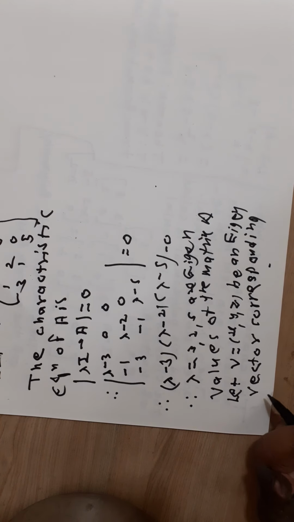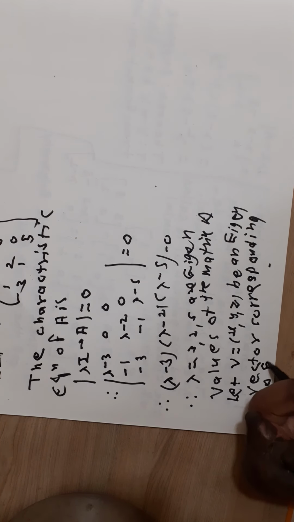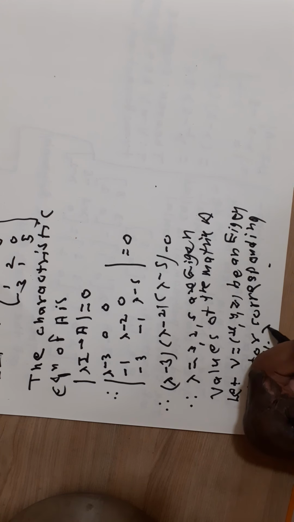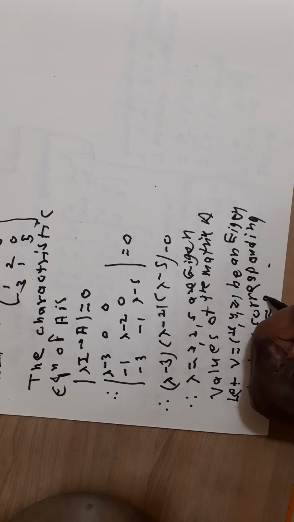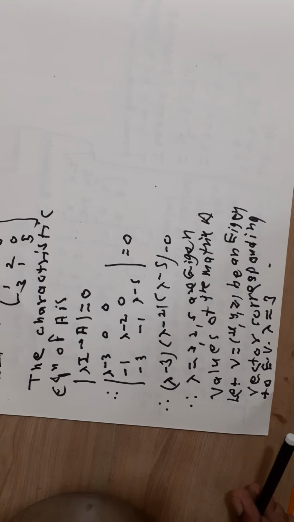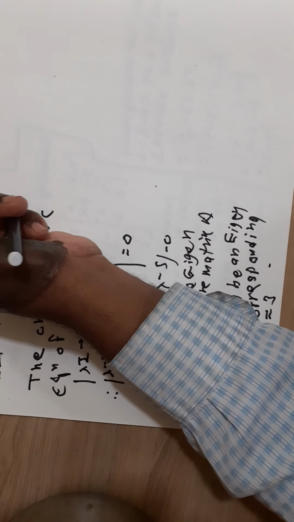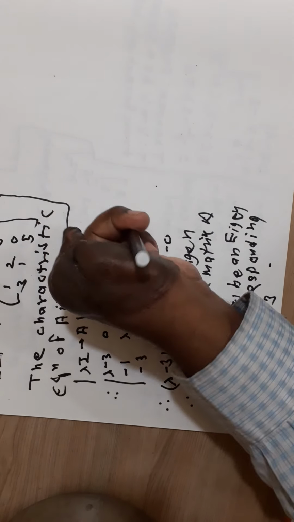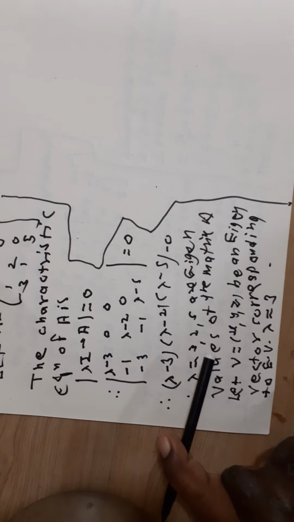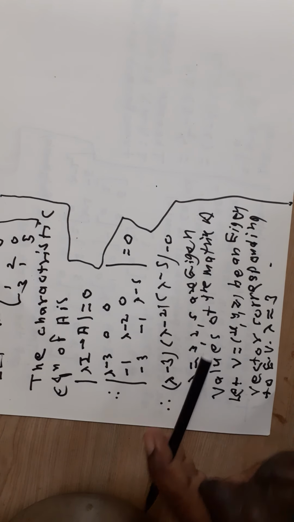Let us find the eigenvector corresponding to the eigenvalue 3, where the vector V is x, y, z.